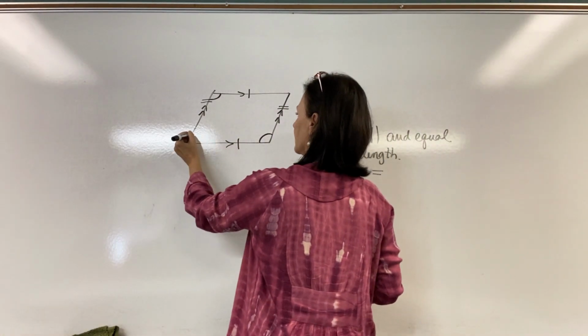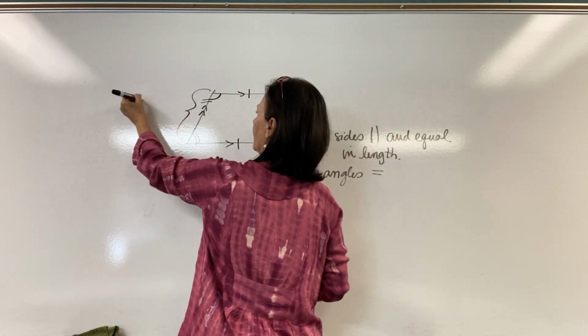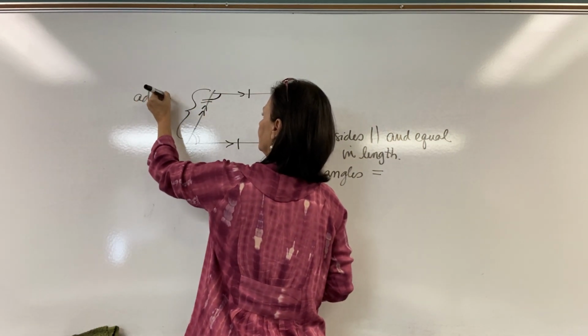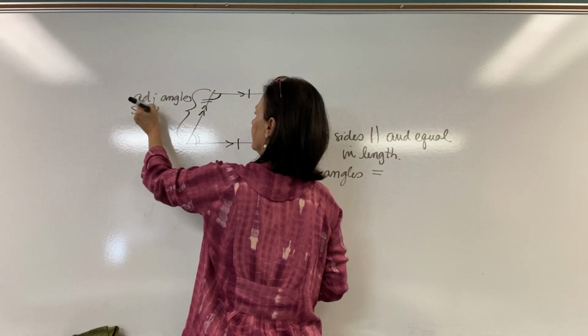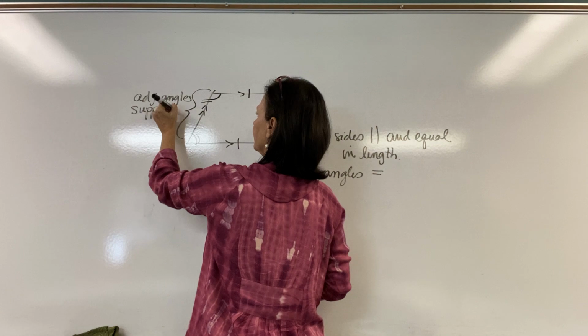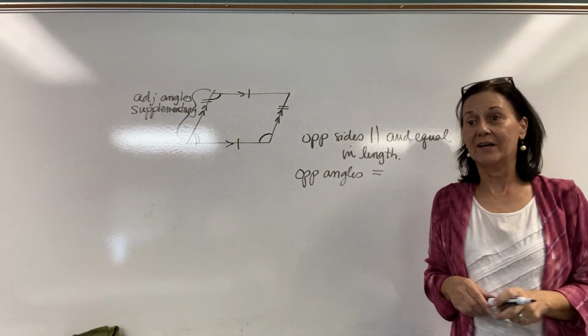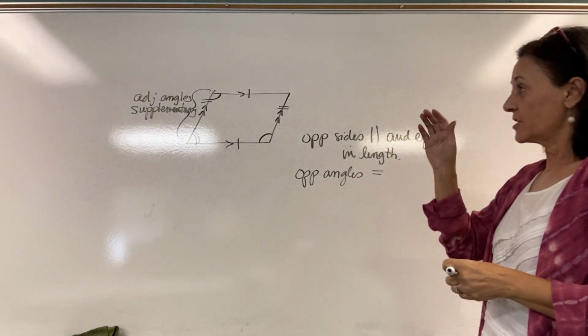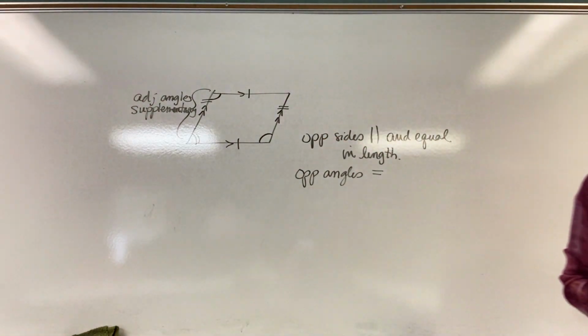Adjacent angles, here are adjacent angles. They are supplementary. What does supplementary mean? Both add up to 180. The sum of them is 180, yes. So the adjacent angles are supplementary.